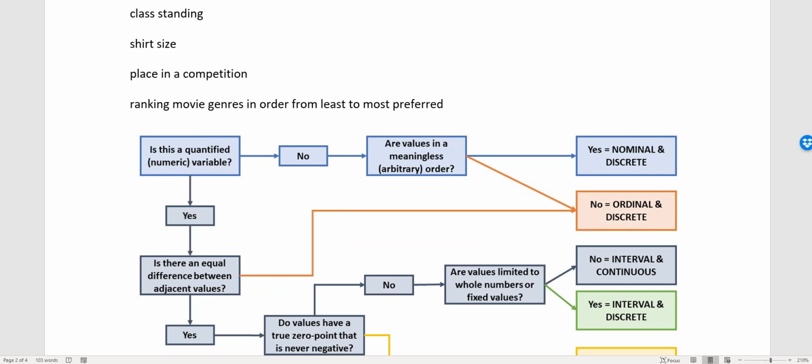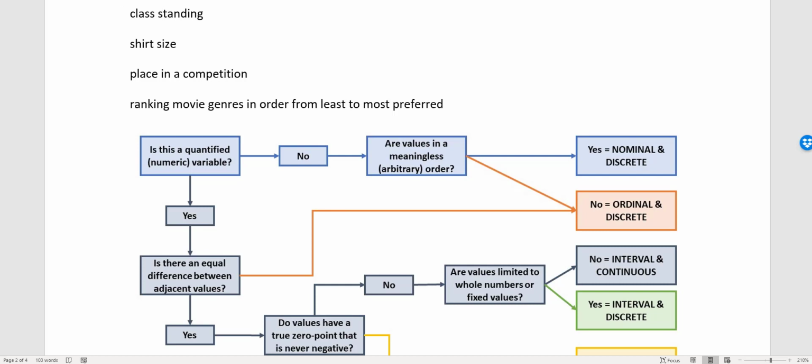All right. So now let's think about ranking movie genres in order from least to most preferred. So let's assume that the question kind of looked like what is your favorite genre, then your next favorite, and then your next favorite, and it listed all of them. And so you could have the option of saying like comedies number one, followed by documentaries, followed by dramas, and so forth.